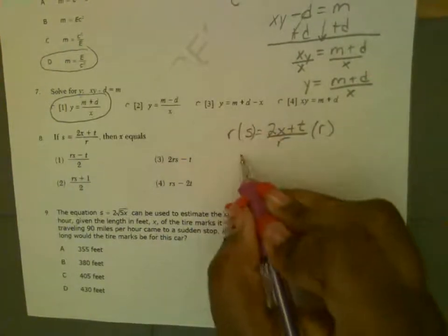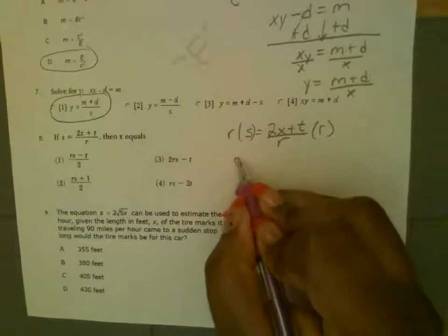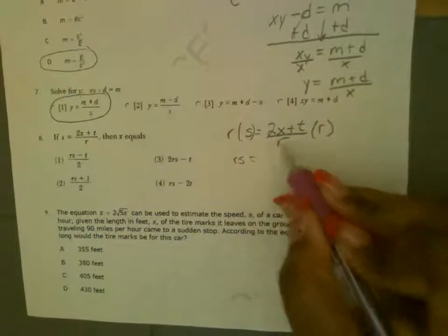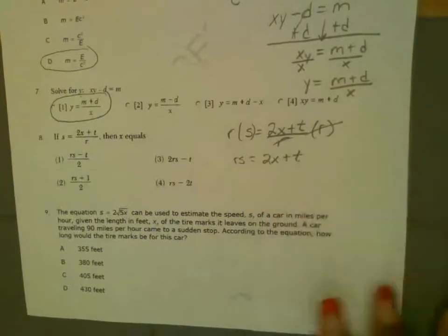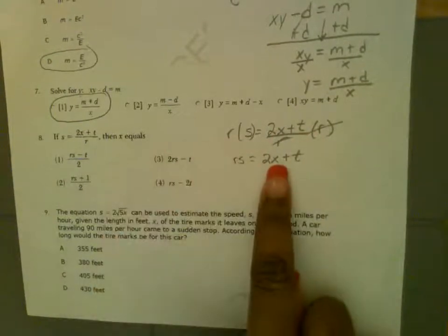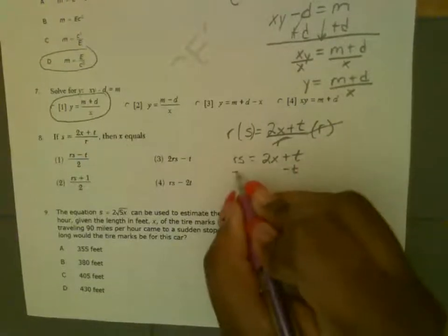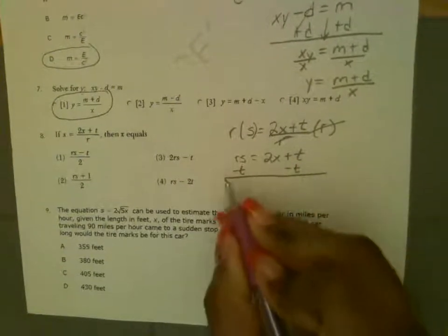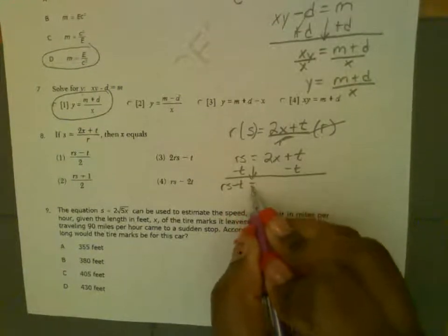So this gives me rs, or let's do alphabetical order. So r comes before s. This is gone, and we're left with 2x plus t. Now, remember we're solving for x, to get x by itself, move the t first. So we're going to subtract t from both sides. Rs was already there, so this is rs minus t is equal to 2x.